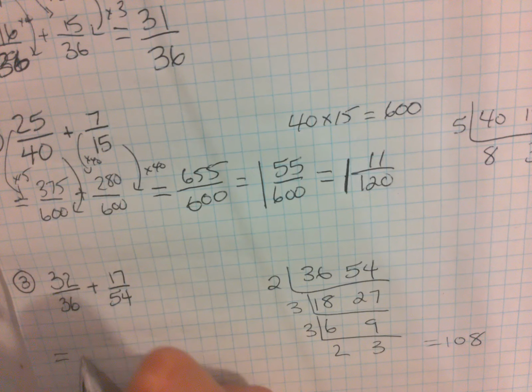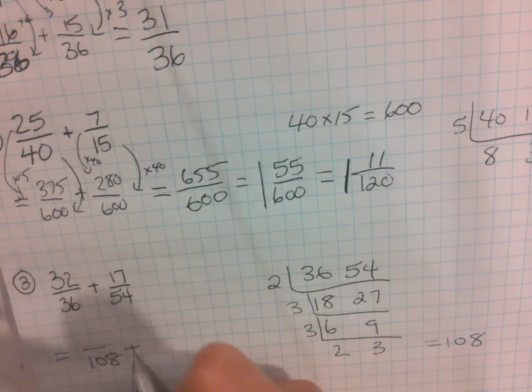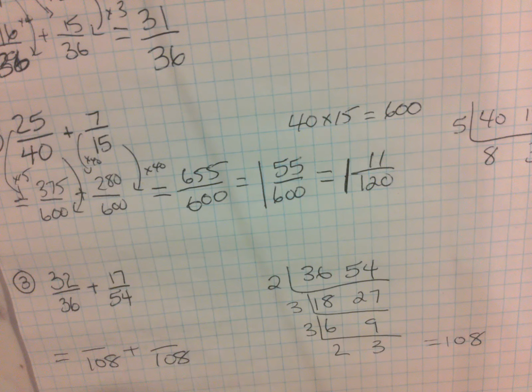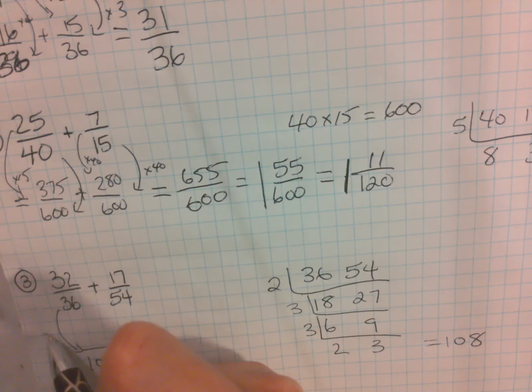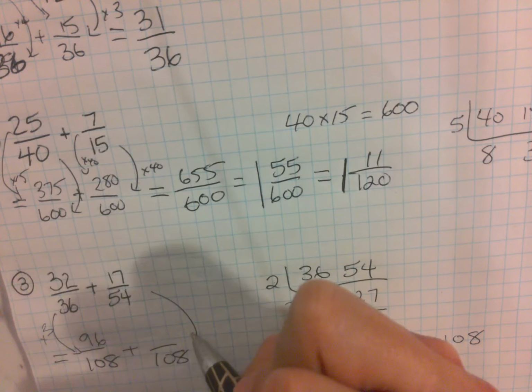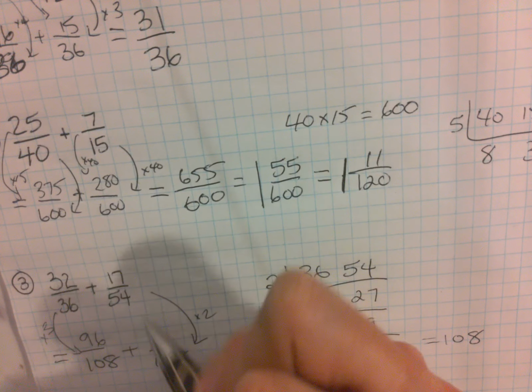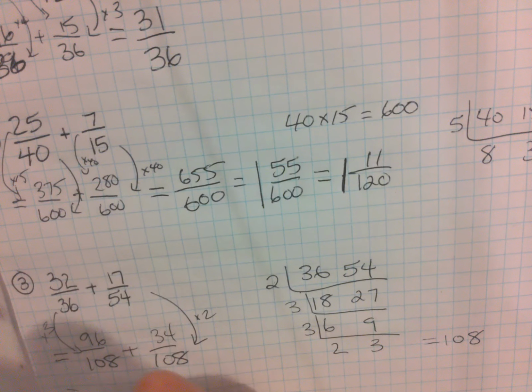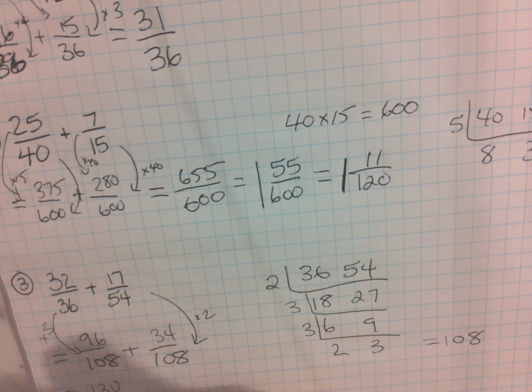So then if using 108 as my common denominator, I can see that 36 goes into 108 3 times. And that gives me 96. And this goes in twice, which is 34. If I add those two together, I end up with 130 over 108.